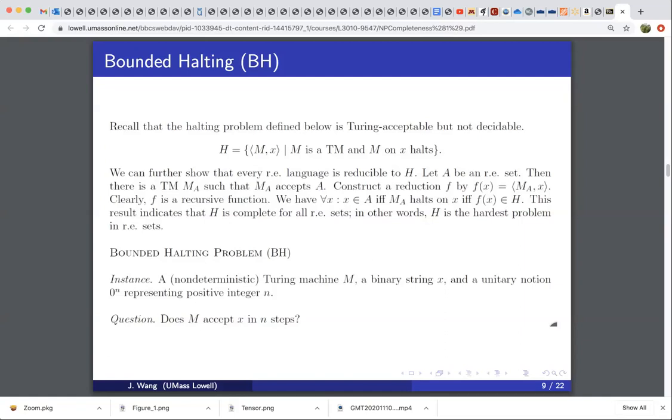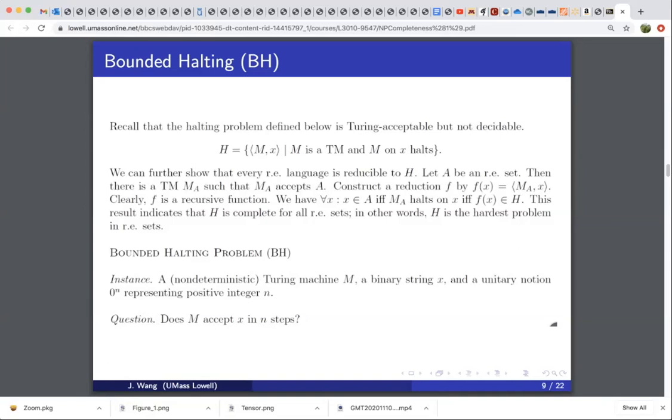The roadmap here is that we're going to start from the halting problem because we are familiar with the Turing machine halting problem. What we need to do is add a time bound to it to make it a bounded halting problem. Then it will be a lot easier to prove bounded halting to be NP-complete. But as we said earlier, the halting problem is not natural.